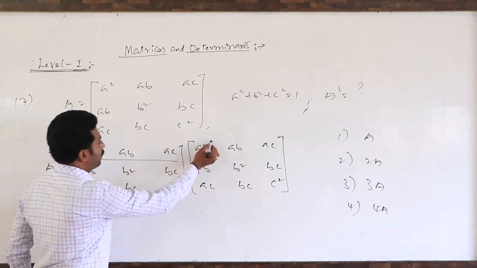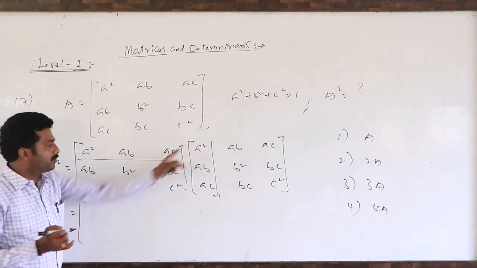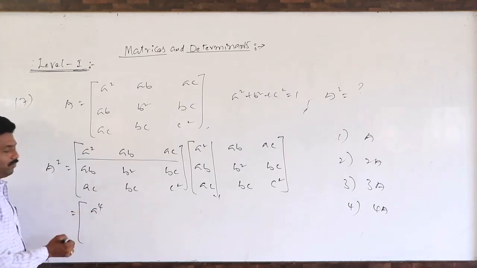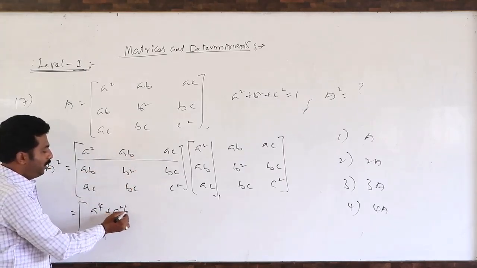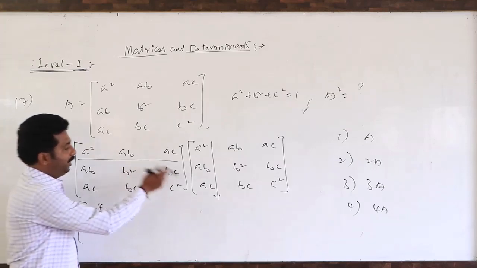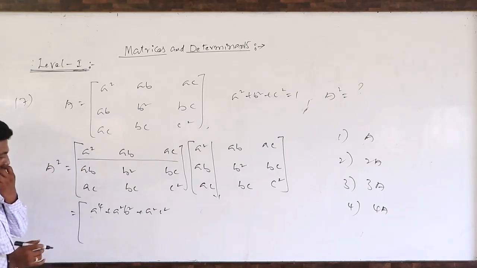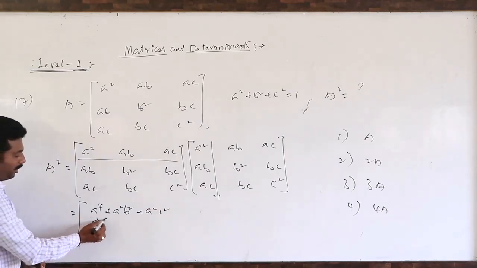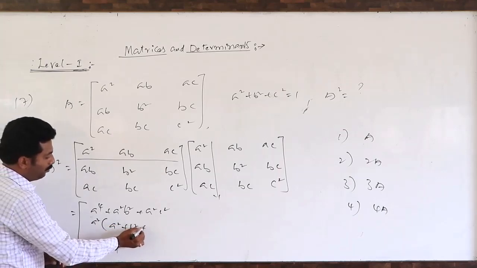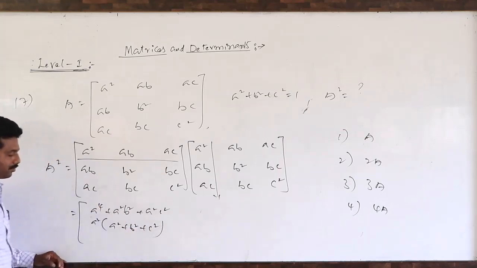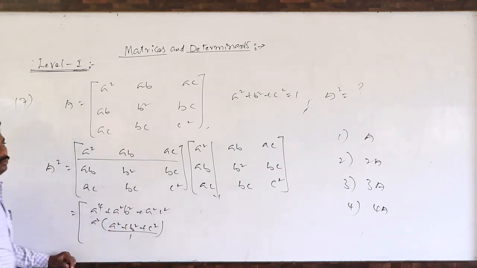First row, first column: a squared into a squared means a power 4, ab into ab is a squared b squared, ac into ac is a squared c squared. If I take a squared common, we have a squared plus b squared plus c squared, which is 1.